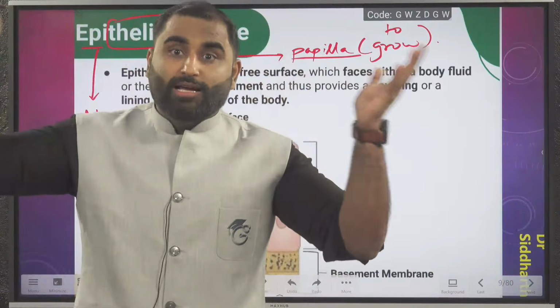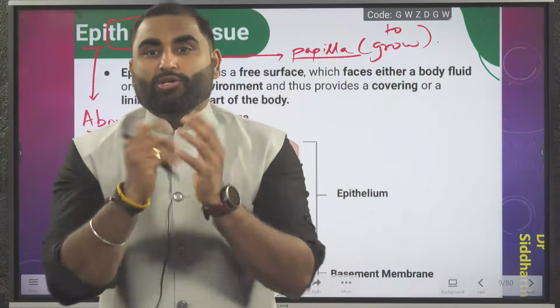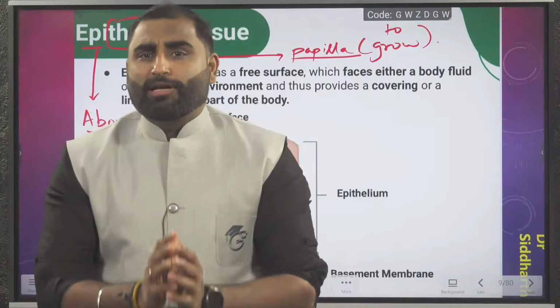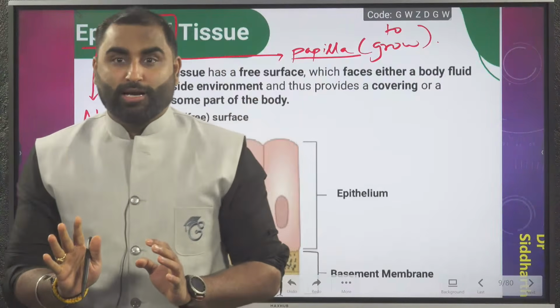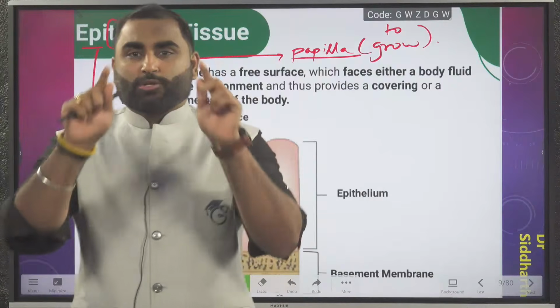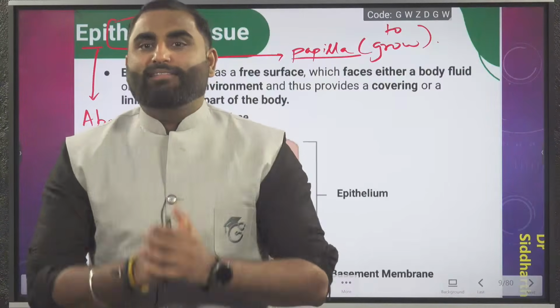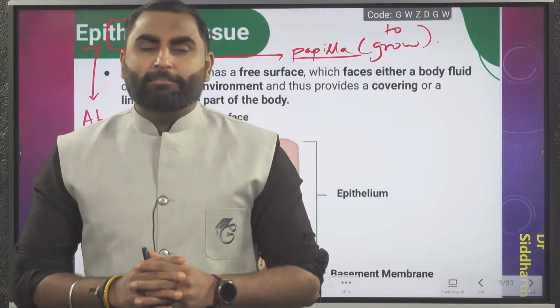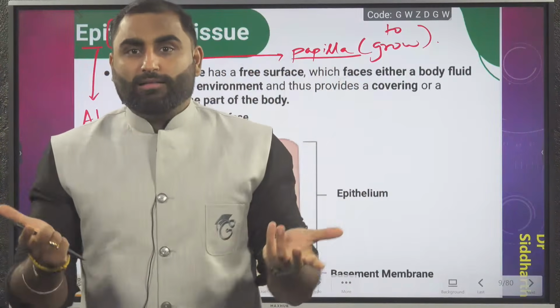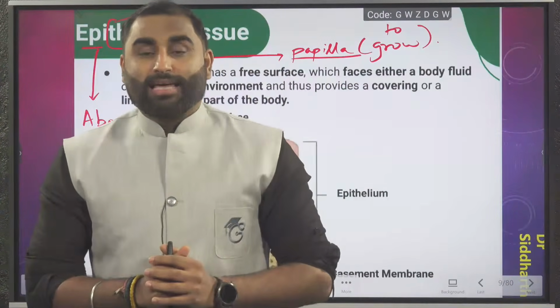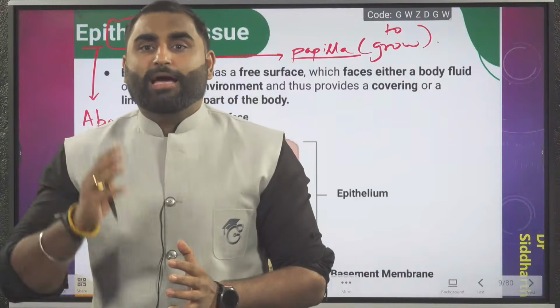Now imagine the urinary bladder. It is a hollow bladder for temporary storage of urine. We are not storing urine permanently. For temporary storage also, the bladder is a hollow cavity, again lined by epithelium. The fallopian tube is a hollow duct, the uterus is a hollow cavity, and they are again lined by epithelium.